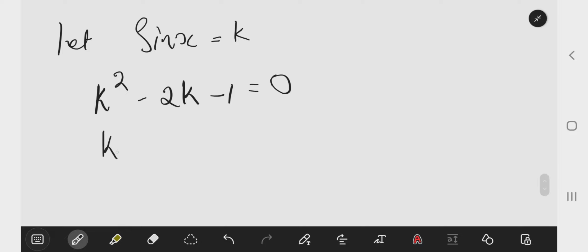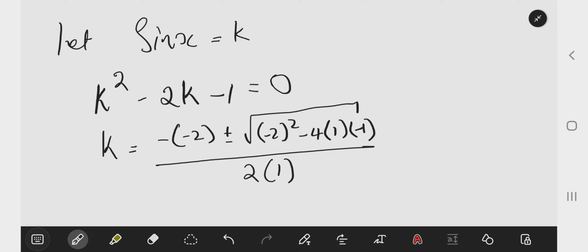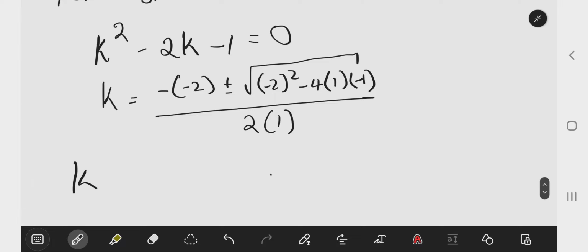Okay, whereby uzothi k is equals to minus b, which is minus 2, plus or minus square root b wakho 2 squared minus 4 a wakho 1, and then c wakho minus 1, right? And then divided by 2 times 1, bese uthola bo k bakho by 2 na ke la, right?